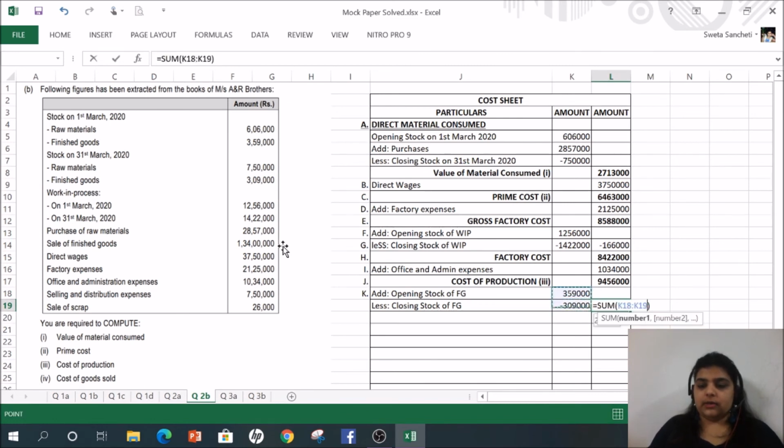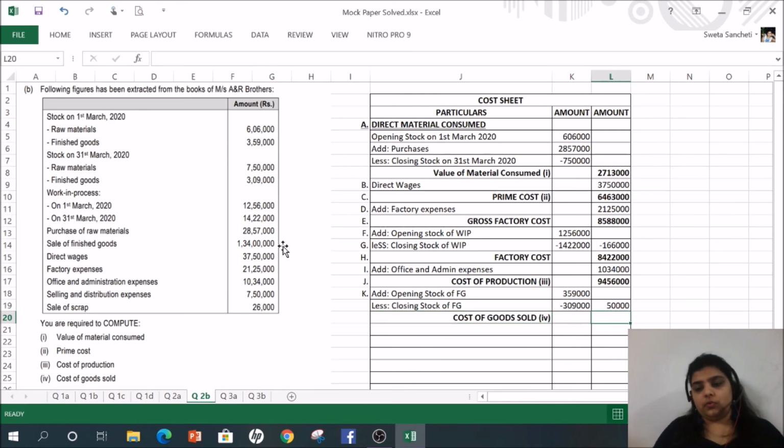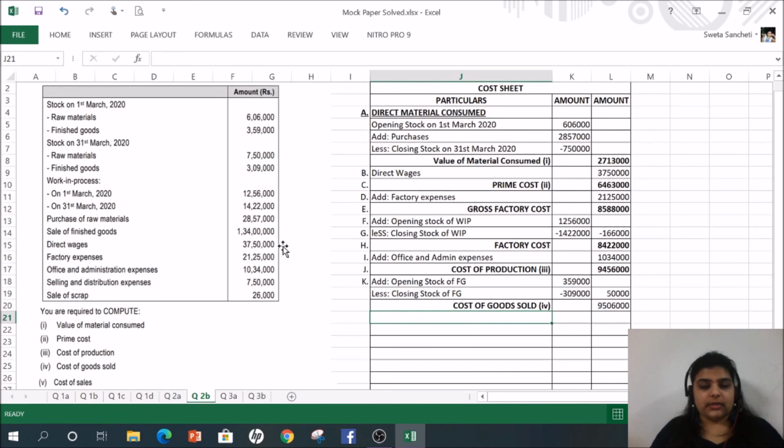Ultimate net off is 50,000. So our cost of goods sold, which is the fourth requirement, is equal to 94,56,000 plus 50,000, that is 95,06,000. Now after that they have asked us the cost of sales.